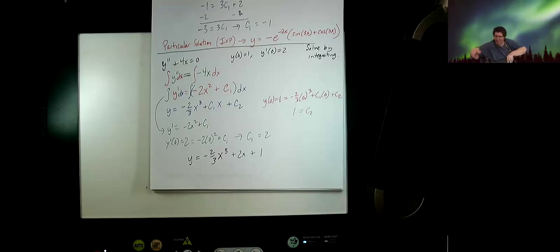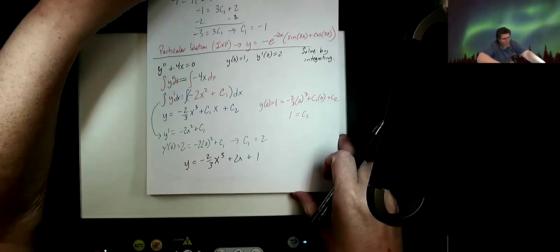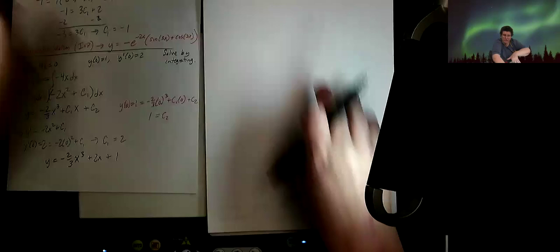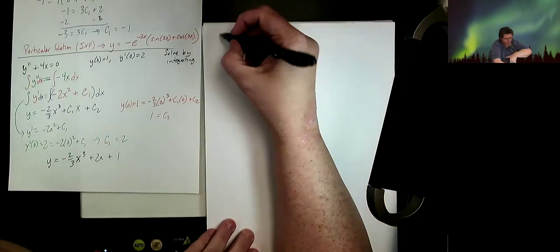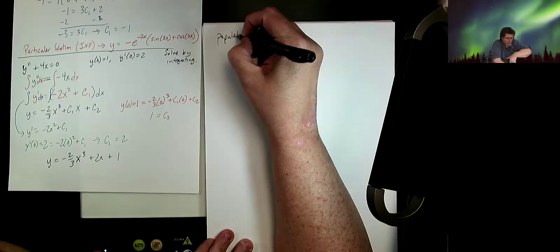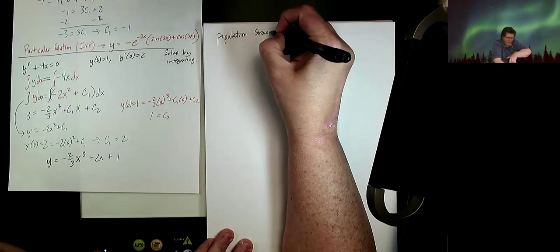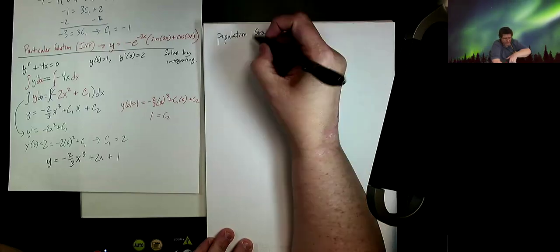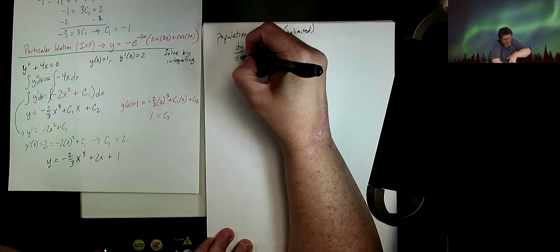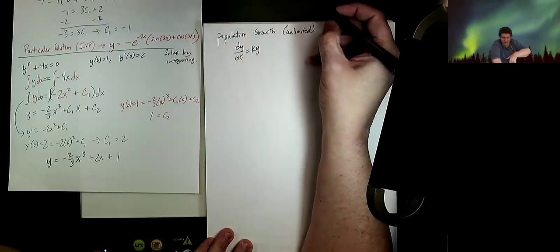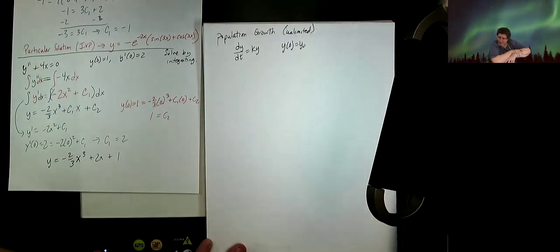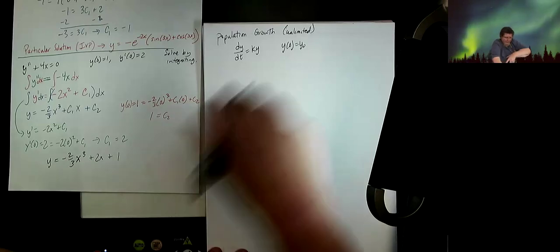All right, some areas that we're going to apply this to that we'll see. Like population growth. This is an unlimited one: dy/dt equals ky, with initial condition y(0) equals y0. k is called the growth factor.